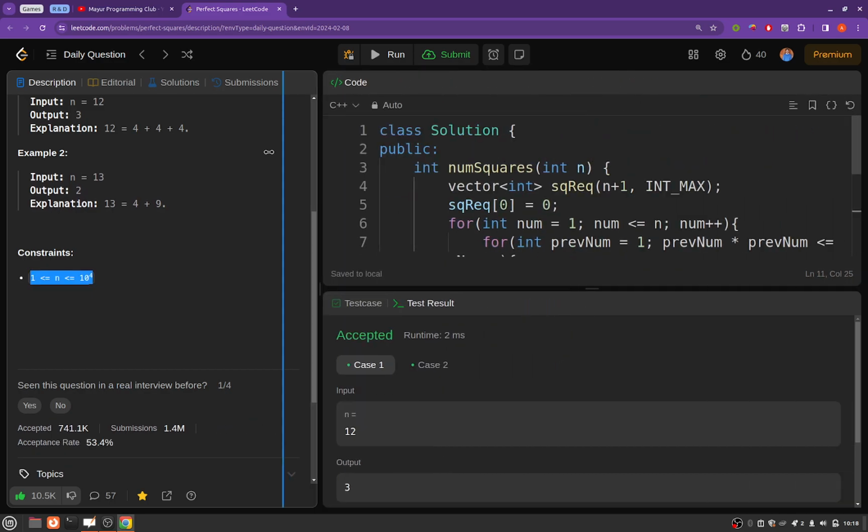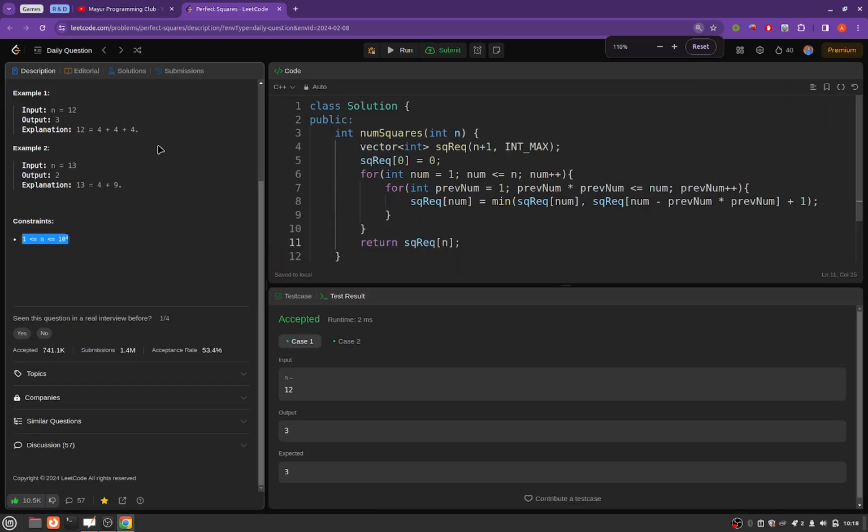Okay, so the implementation part is quite concise here.